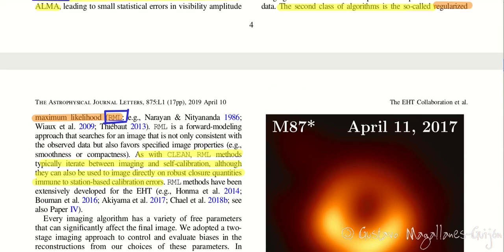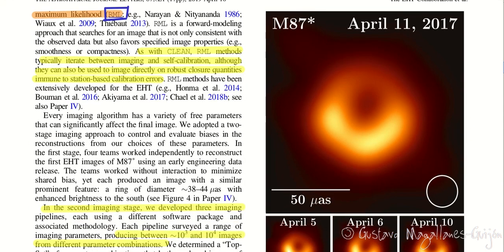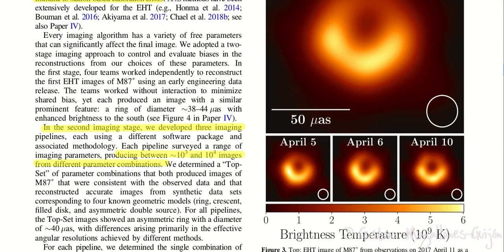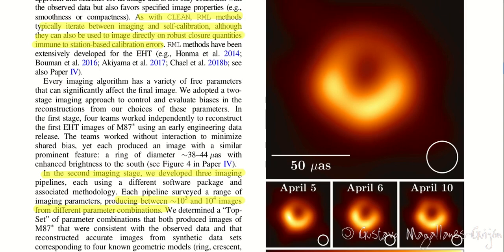RML means regularized maximum likelihood. And this is the result of the observation, but the explanation in more detail is in the other paper, not in this one. But this one explains a little about the software that the teams use for this.